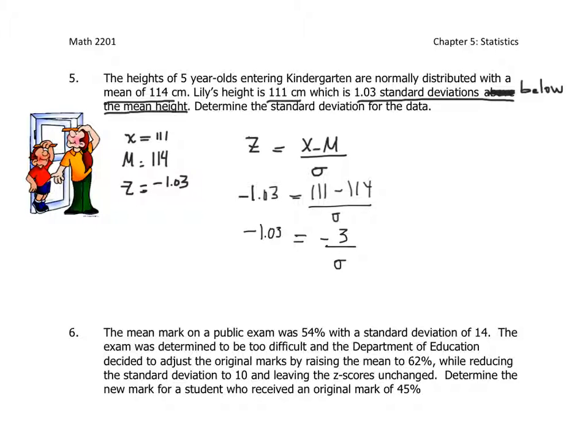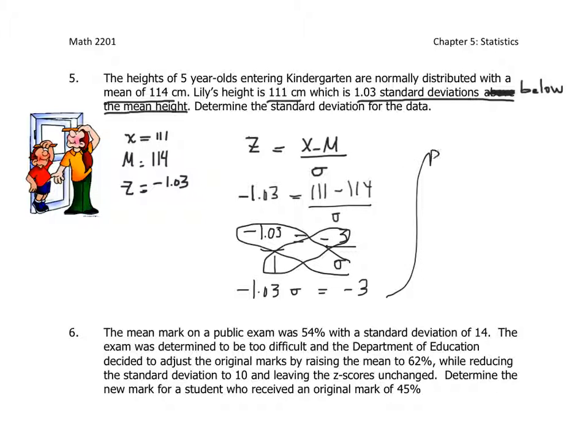Try again. So now we can either put this over 1 and cross multiply, or multiply both sides by the standard deviation to get rid of the fraction. Most people like cross multiplying, so that would be negative 1.03 times the standard deviation equals negative 3 times 1, which would just be negative 3.